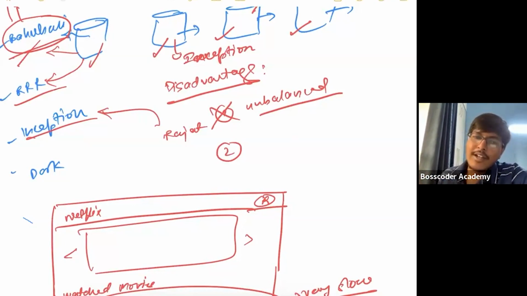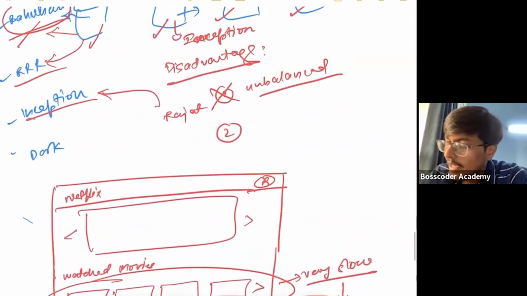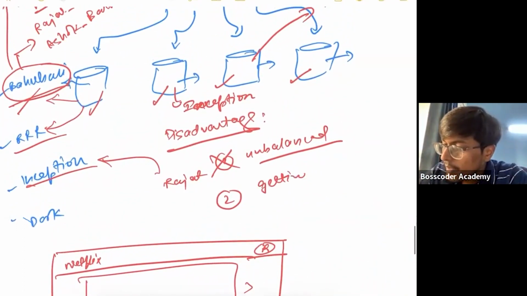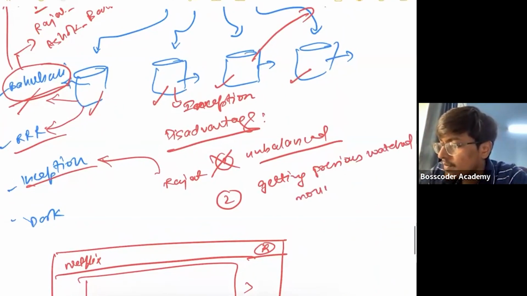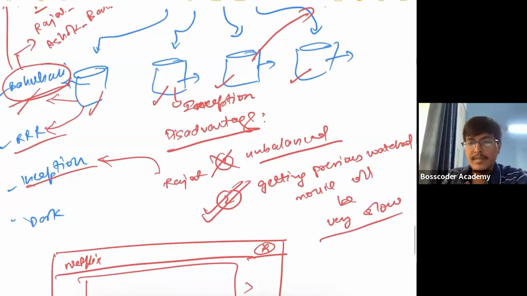If you have heard of it in system design, there's a solution to it, but that's not a very big problem. The big problem is that getting previously watched movies will be very slow. It's the main reason.